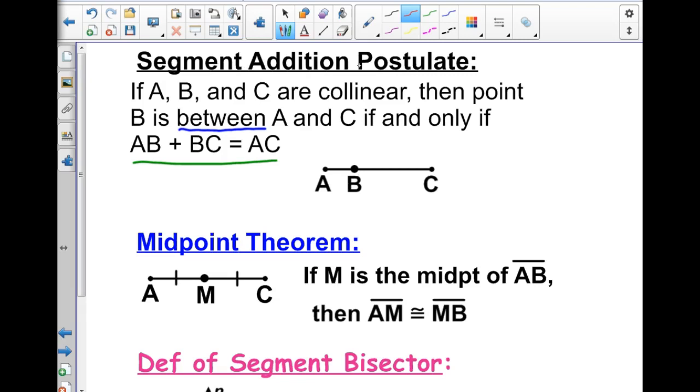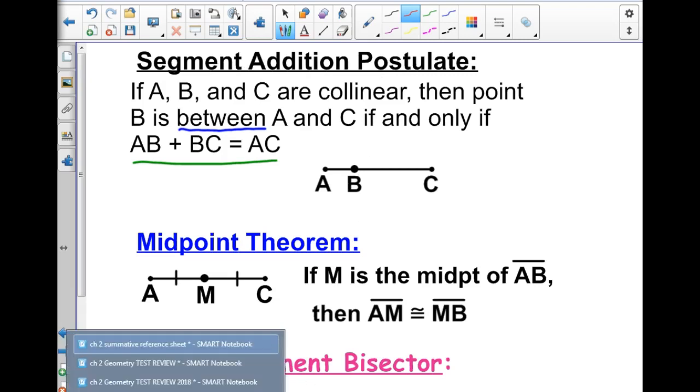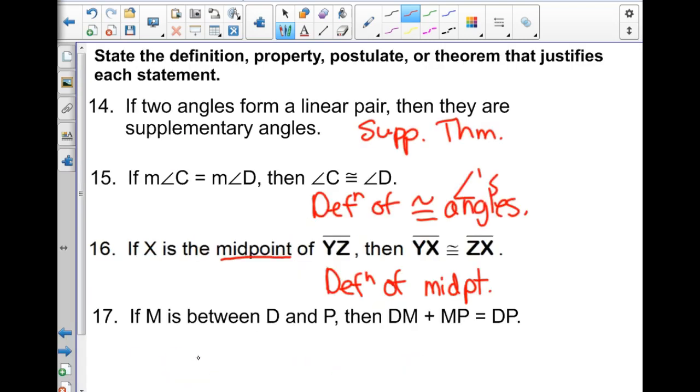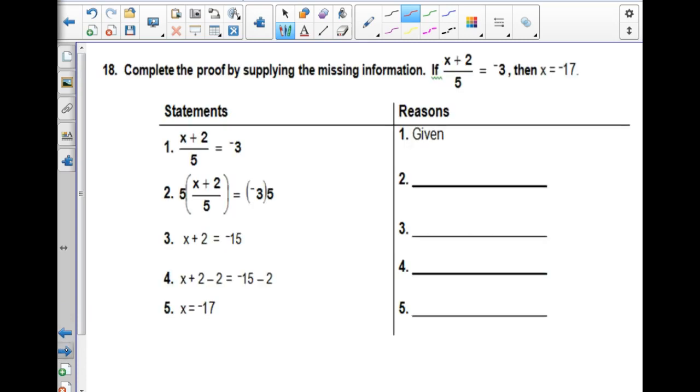It's segment addition postulate. You need to know that one. You can write segment add or seg add postulate. There's an angle addition postulate and a segment addition postulate. You've got to flip the page.